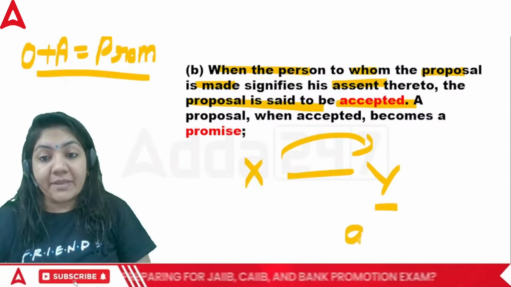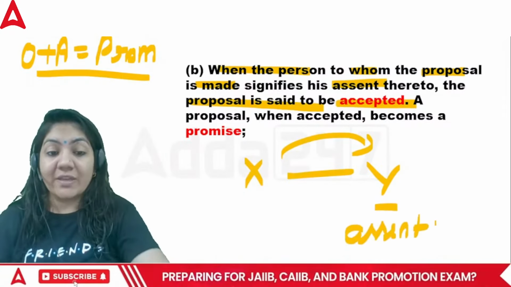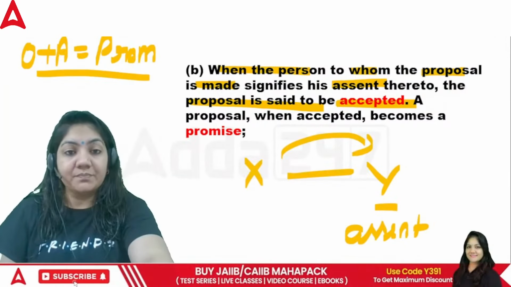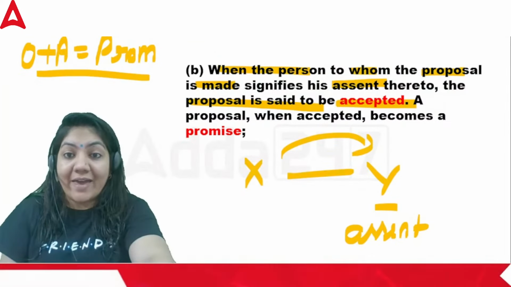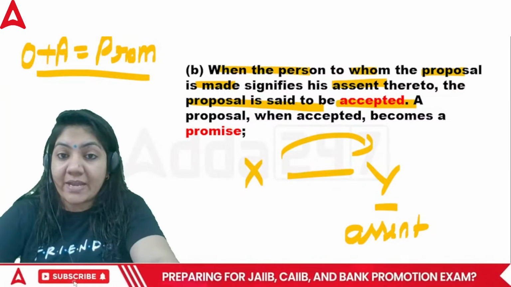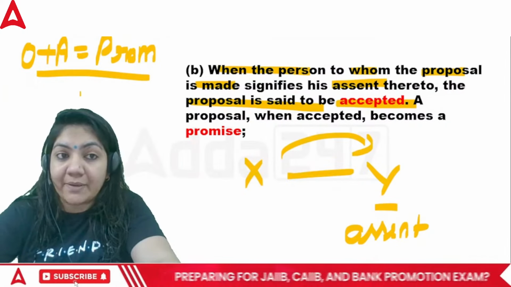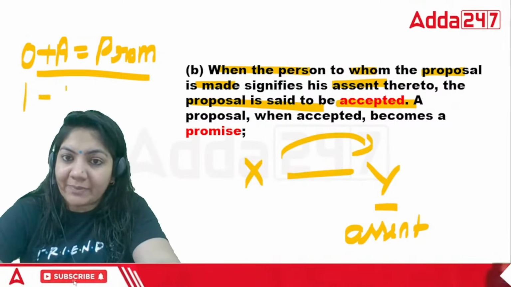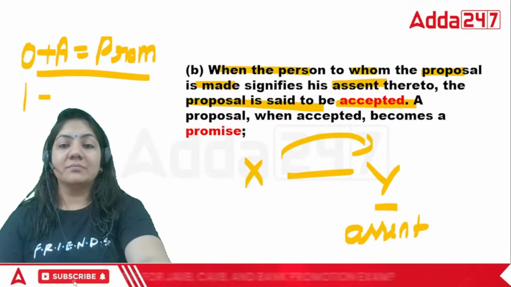When Y gives his assent, class, we can say that Y has accepted the offer. When the proposal is accepted, it is equal to promise.